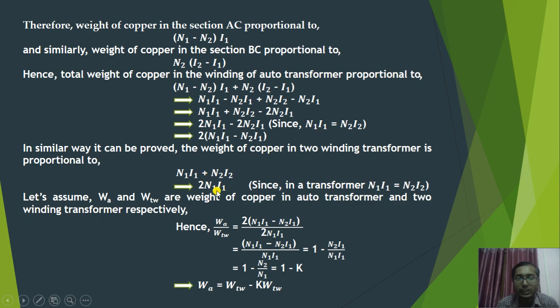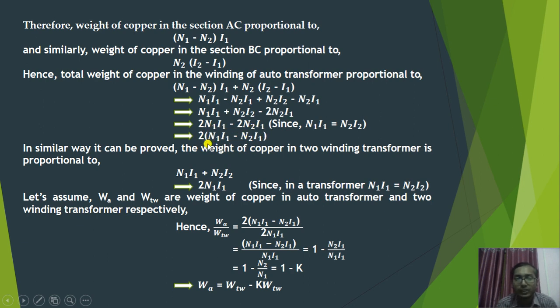So we are getting 2 times N1I1. This relationship also holds true in an autotransformer. Here we have written N1I1 plus N2I2 minus 2 times N2I1. But since N1I1 is equal to N2I2, we replace N2I2 as N1I1. That's why we get 2 times N1I1 minus 2 times N2I1. Taking the common factor from these two parts, we get this value.